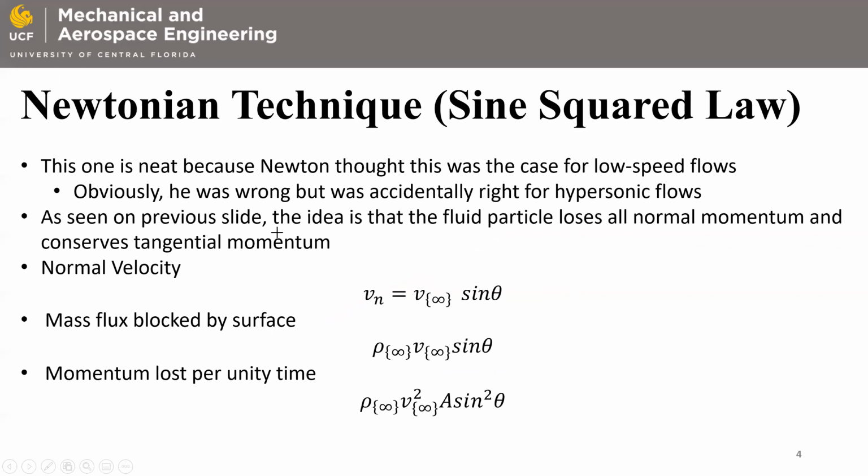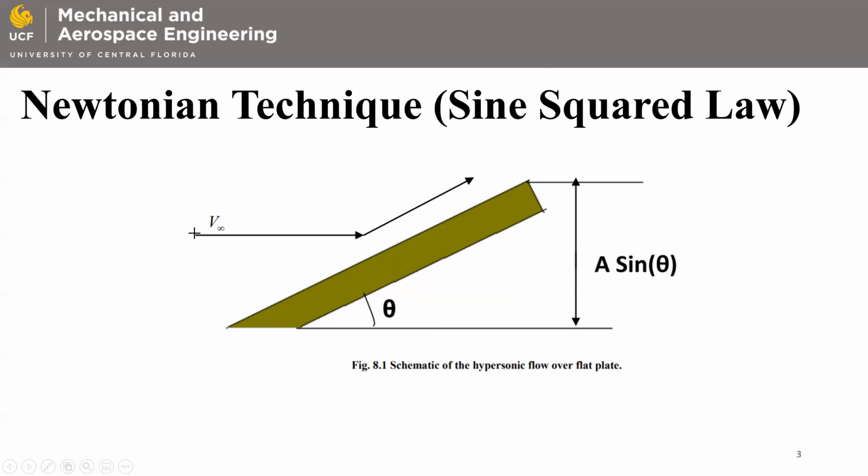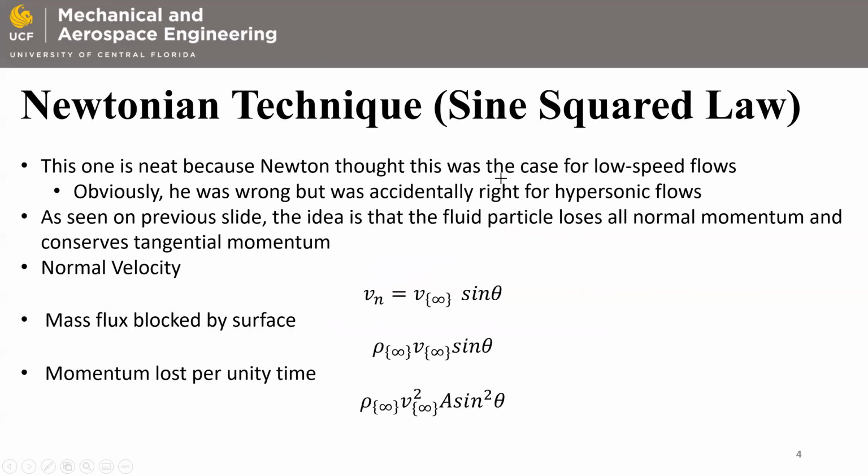As seen on the previous slide, the fluid particle loses all of its normal momentum and conserves its tangential momentum. Using that fact, we can get some equations out of this. You can get the equation for the normal velocity, the mass flux blocked by the surface, and then the momentum lost per unit time.